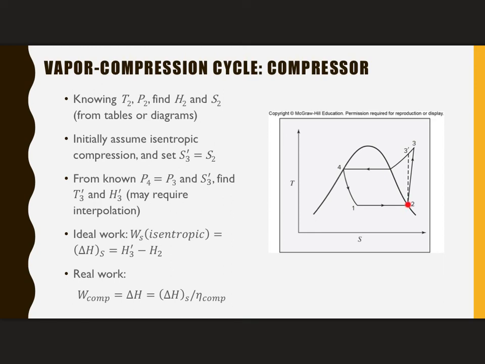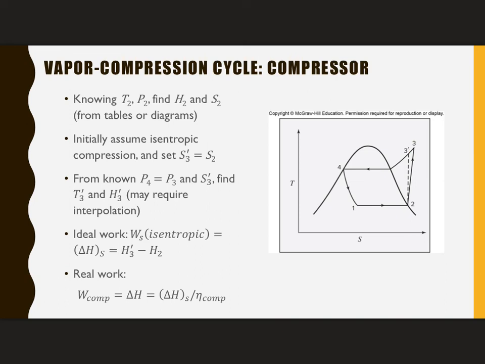Then you're going to do the isentropic calculation. You'll know the final pressure for the compressor, and if it's isentropic, the P and the S allow you to find state 3 prime. This can give you the temperature and the enthalpy at state 3 prime, and that will allow you to calculate the ideal work.